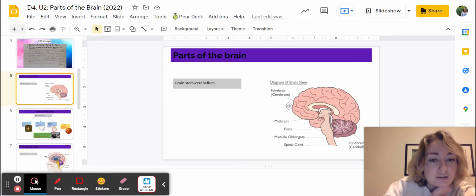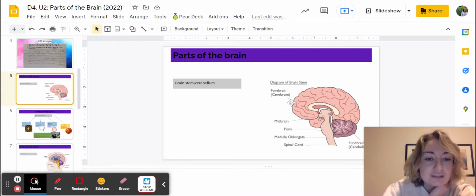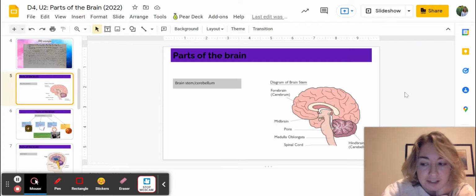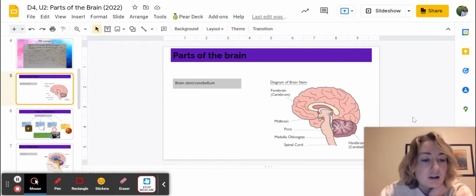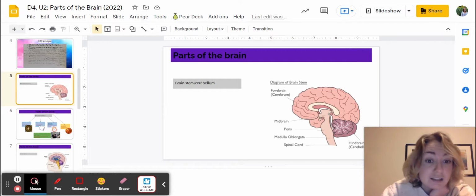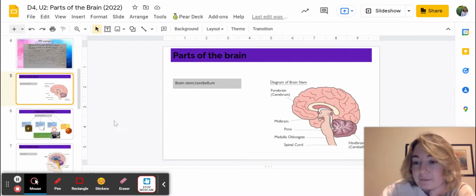Then we get up here to the cortex, which I remember as my cortex is most complex. So the cortex is our most recently developed part of our brain and is where we have our lobes. And we see things like the frontal cortex corresponds mainly to our higher level thinking capabilities in terms of reasoning, judgment, planning, all that good stuff.